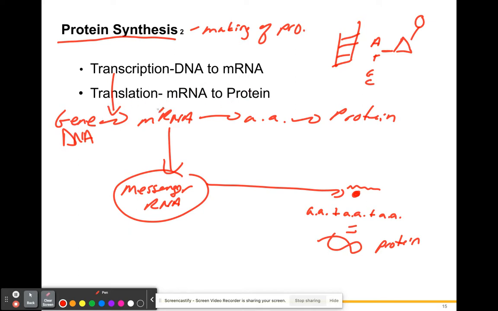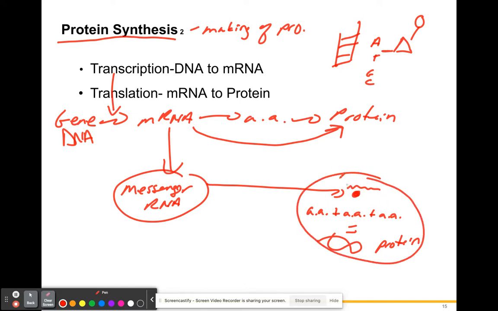The process of taking that message and turning it into a protein, reading the message and turning it into a protein, that's called translation. So this message creation is transcription, DNA to mRNA, and turning that mRNA into a protein with the use of a ribosome is called translation.